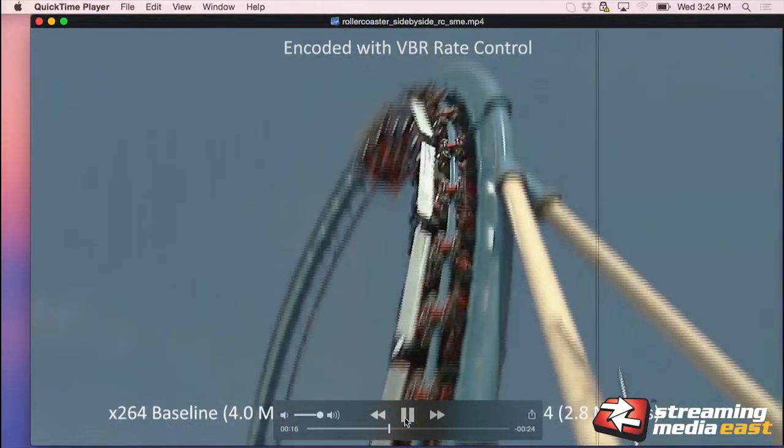We're using VBR rate control to do this particular example, but even on the left, where they're at 4 and we're at 2.8, you can see, even on this screen, I can still see the pixelation and whatnot on the left.